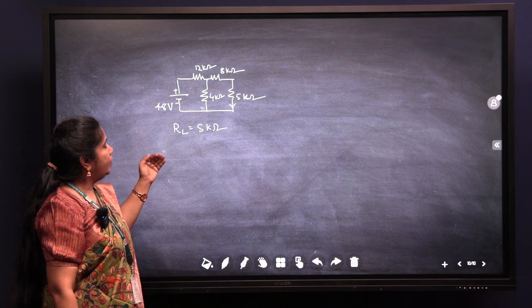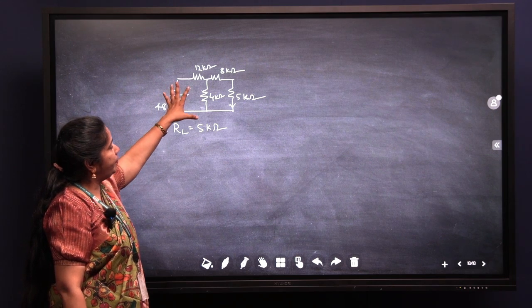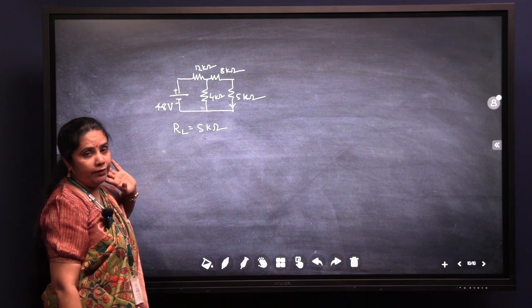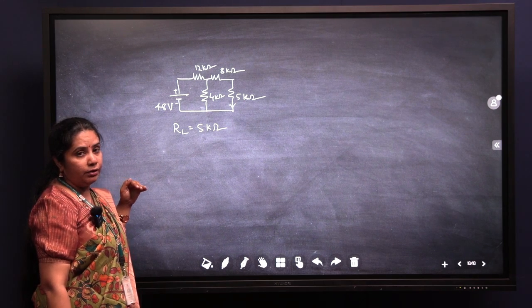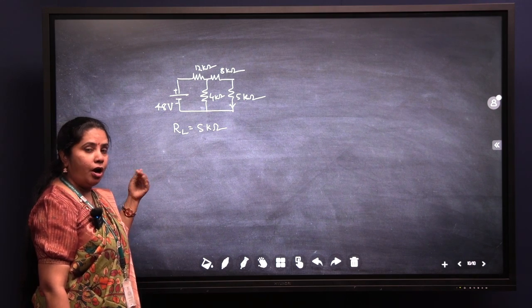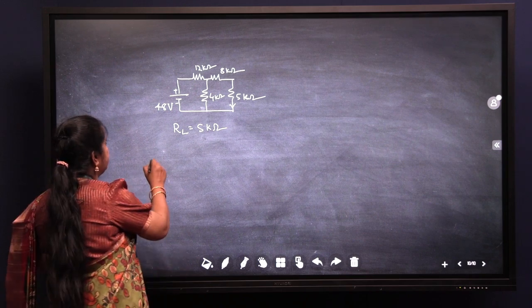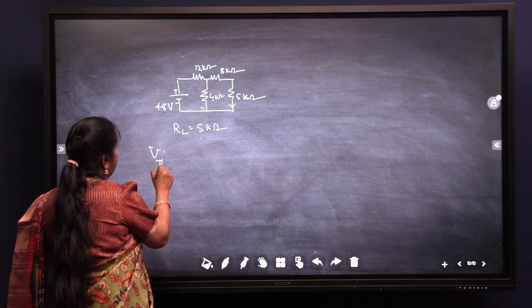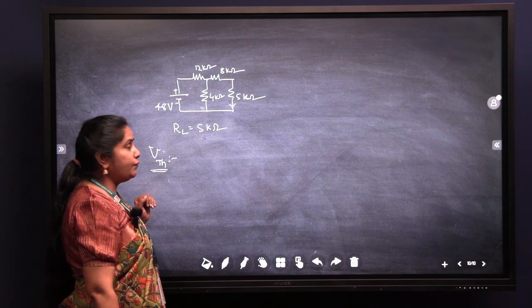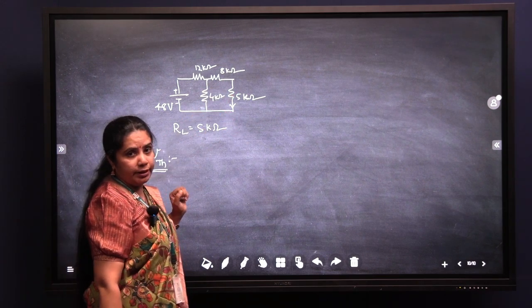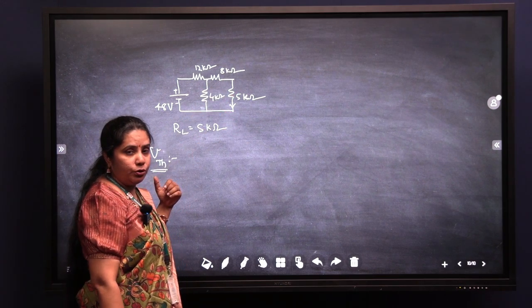Now we have to represent this entire circuit as a Thevenin's equivalent circuit. To get the Thevenin's equivalent circuit, we need to calculate first VTH, after that RTH. So we will start with the calculation of the VTH value. To calculate VTH, what are the steps we will follow? First remove the load resistor and you will get the open circuited terminals.